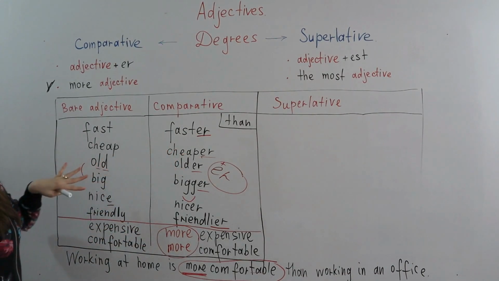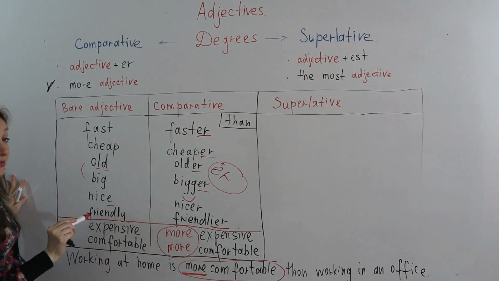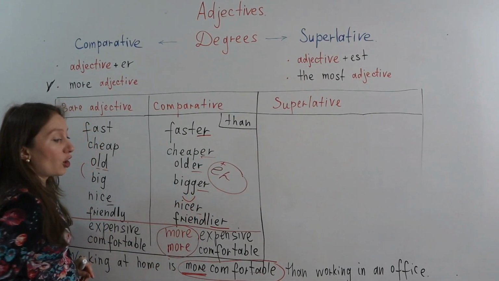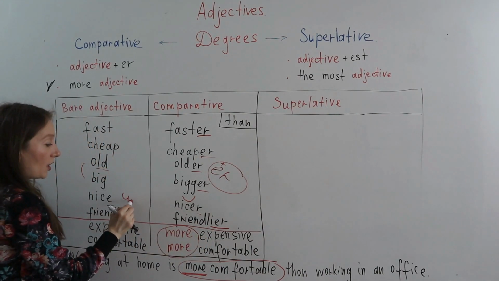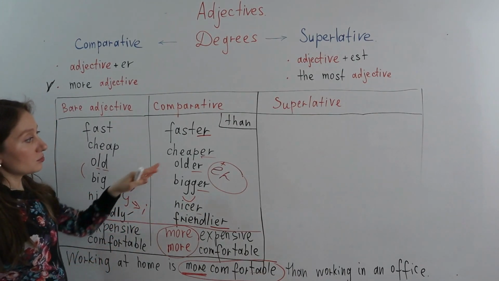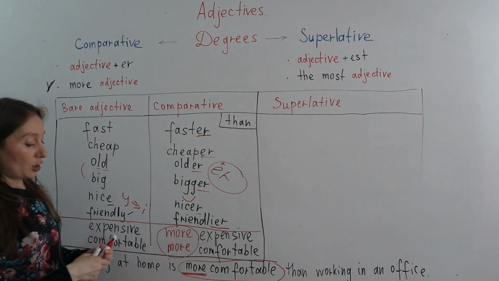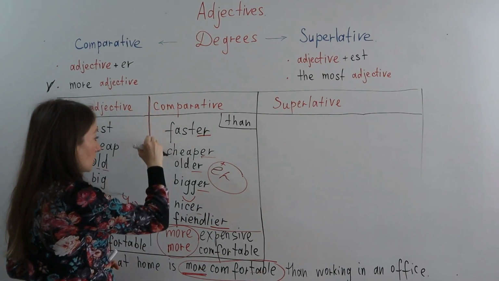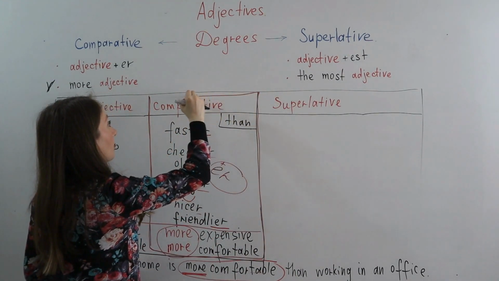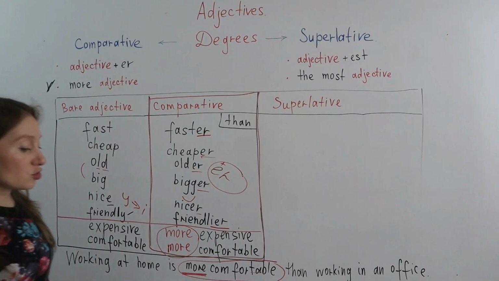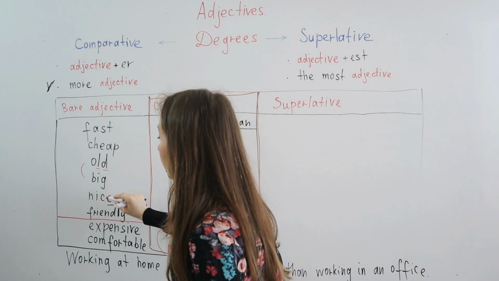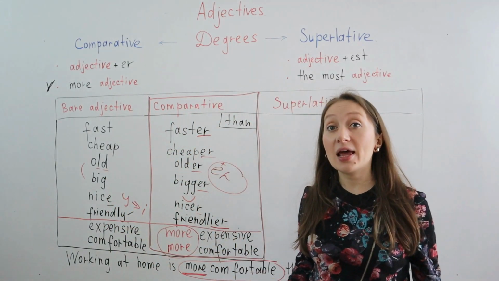Long adjectives, short adjectives, plus they have some rules like double consonants, plus just r, changing y into I, right? Here you can see, and just, for example, plus er. So here we talked about comparative degree. I think it's super easy. Now, my friends, we have how many? 1, 2, 3, 4, 5, 6, 7, 8 adjectives.